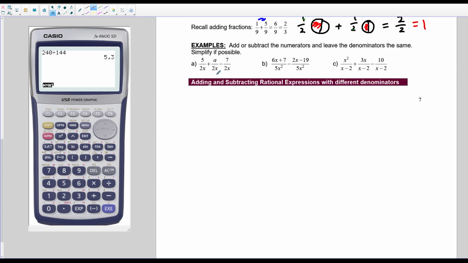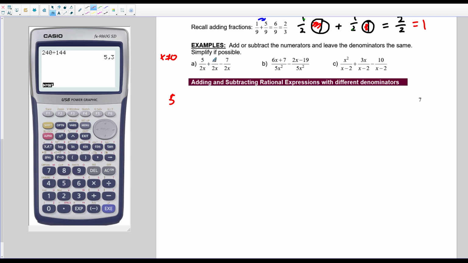So in these three examples, we can see that all of their denominators are the exact same. So we don't need to worry about finding lowest common denominators just yet. Before we get started, we can find our NPVs. So for example 1, x cannot equal 0. And because all of our denominators are the same, we're just going to simply add the numerators together.